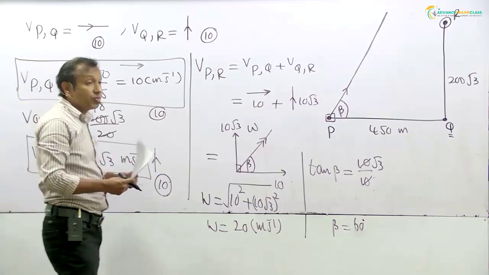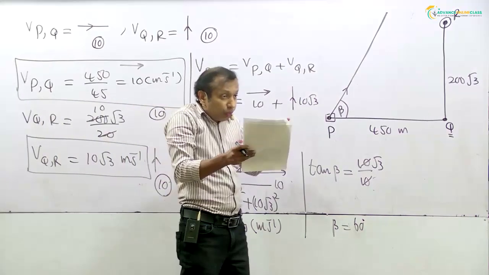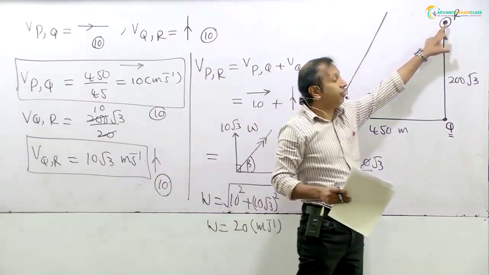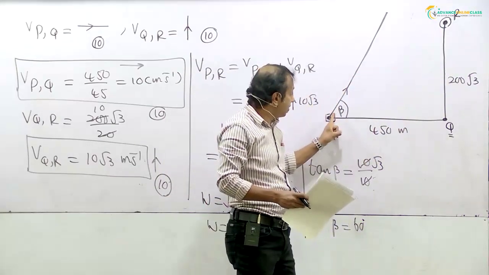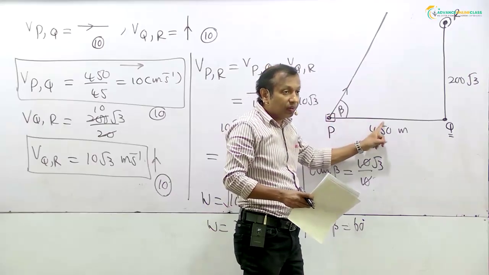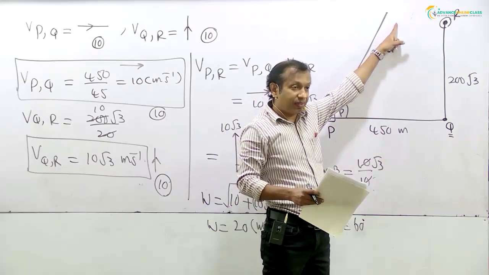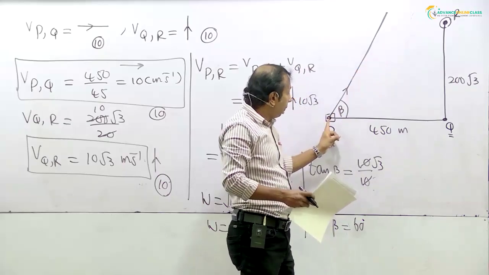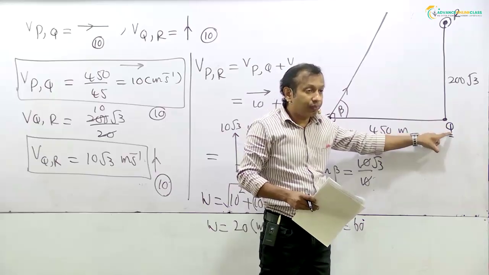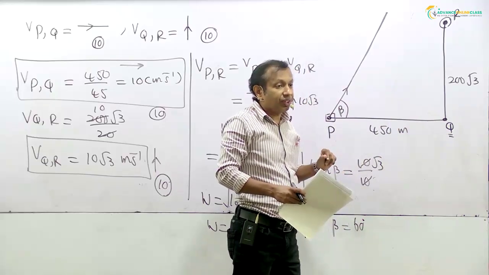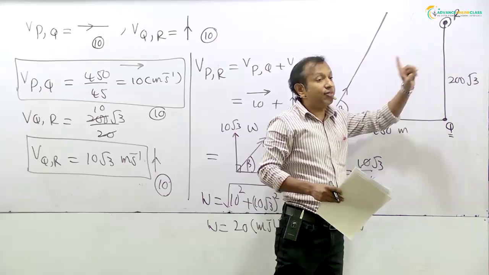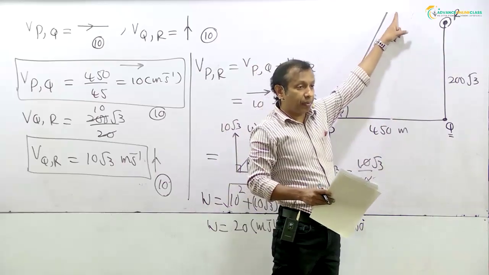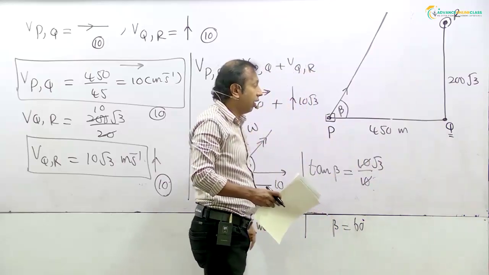That means during 20 seconds, when R is at rest, we must find the distance P moves rightward and upward. That's what we need to find. During that 20 seconds, relative to R, I am going to find the distance P moves to the right and up. How to find that?